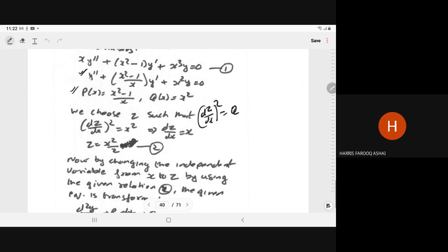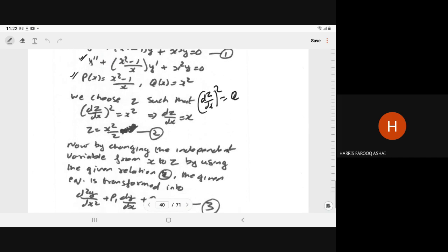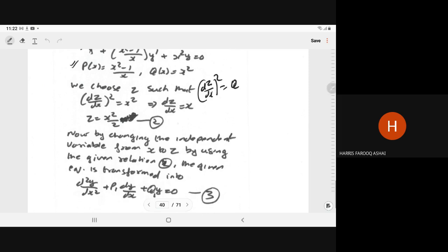This will give dz by dx is equal to x, or z is equal to x square by 2. So this is now the substitution: you have to put z is equal to x square by 2.